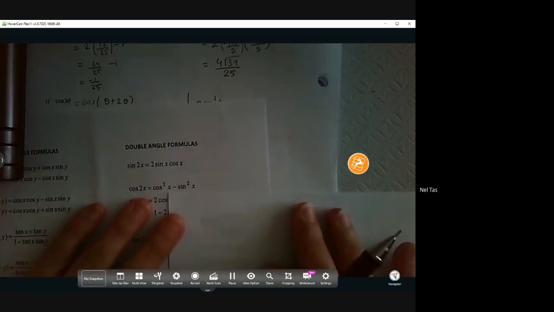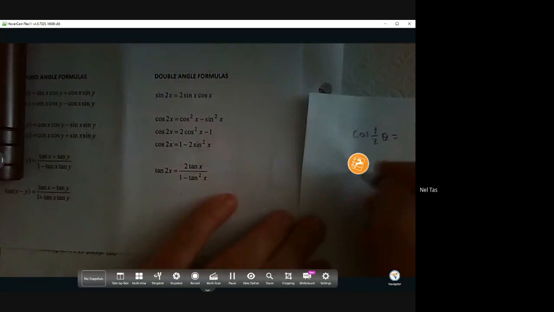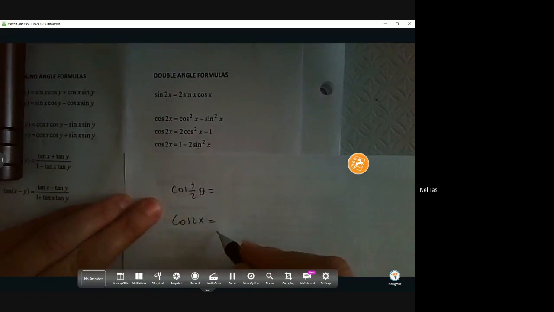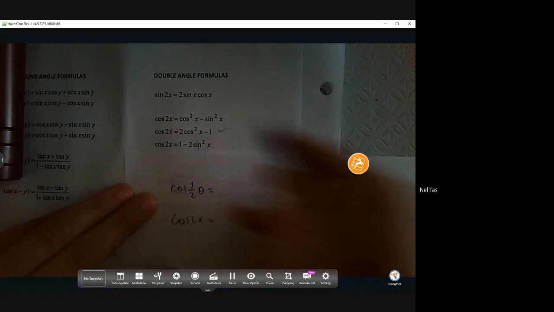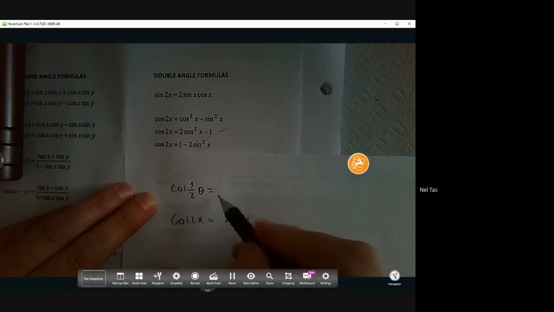So if you try to use these double angle formulas for cos 1 over 2 theta, let's say if you apply the cos 2x formula, and if we are using the second one, you would get 2 cos square x minus 1.